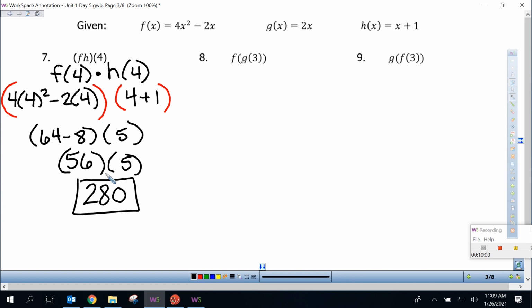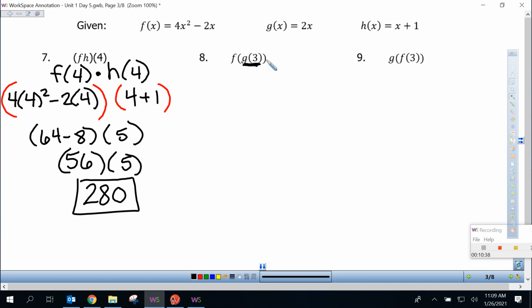Next one. This one is called a composition, with g of 3 inside the innermost parentheses.